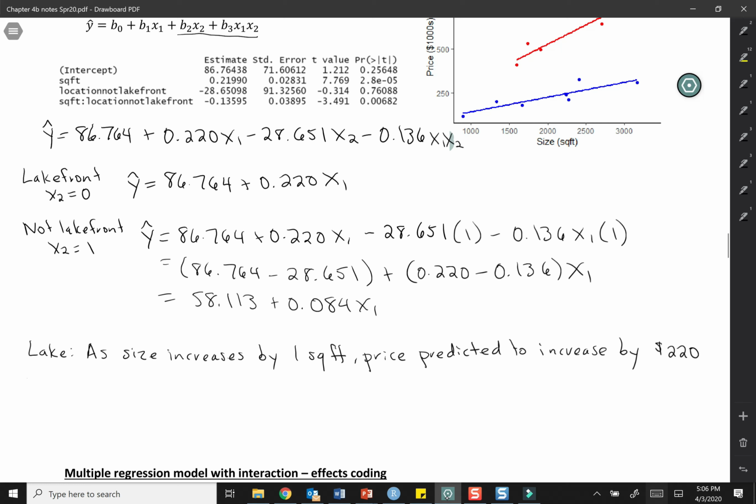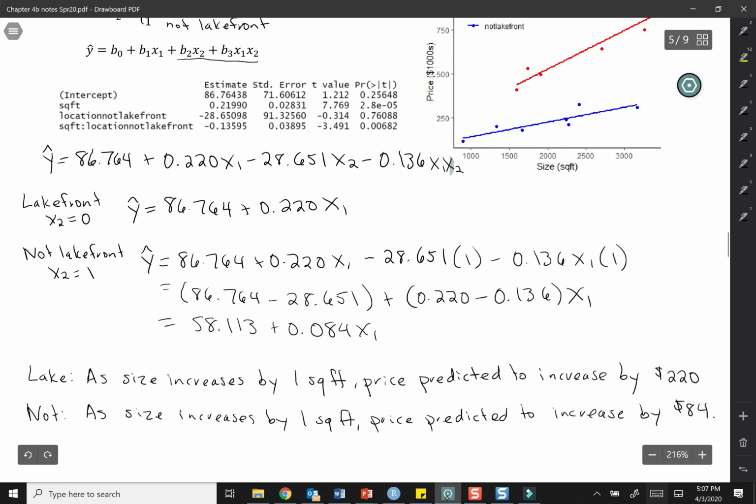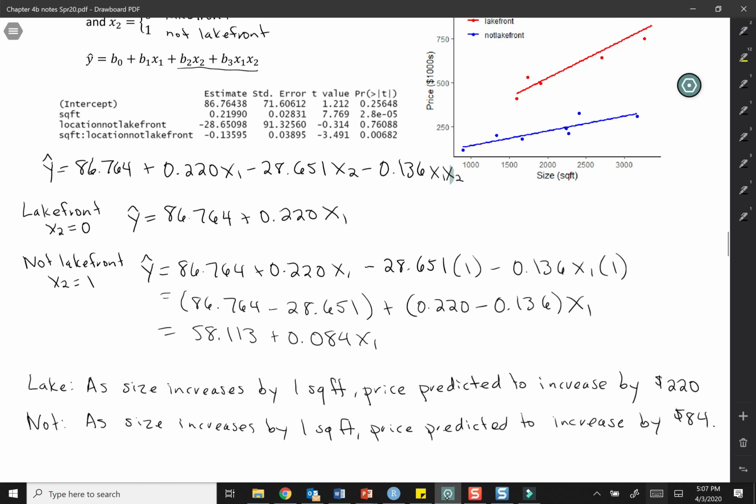Okay, that's for houses that are on the lake. For houses that are not on the lake, it starts the same way: as size increases by 1 square foot, price is predicted to increase, actually a lot less, by $84. So this is what we described earlier, that we have a flatter slope for the not lakefront houses than we do for the lakefront houses, but this is actually quantifying that change.